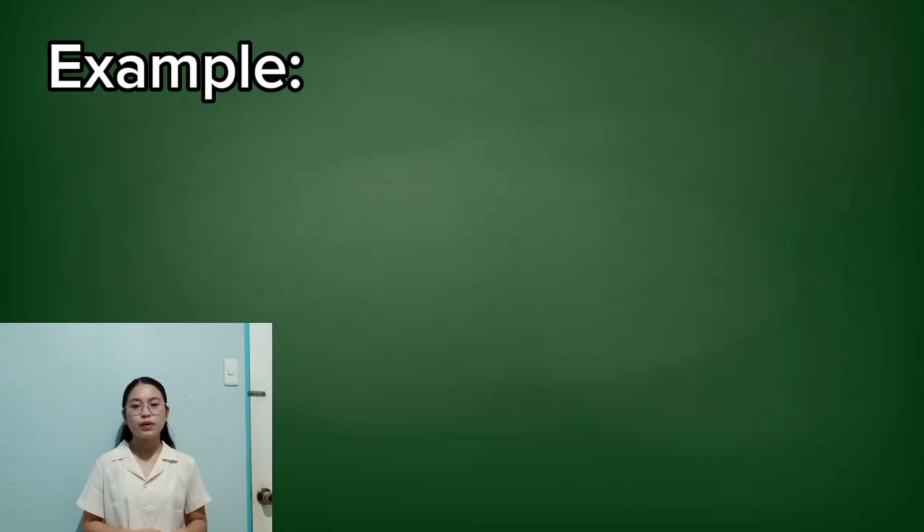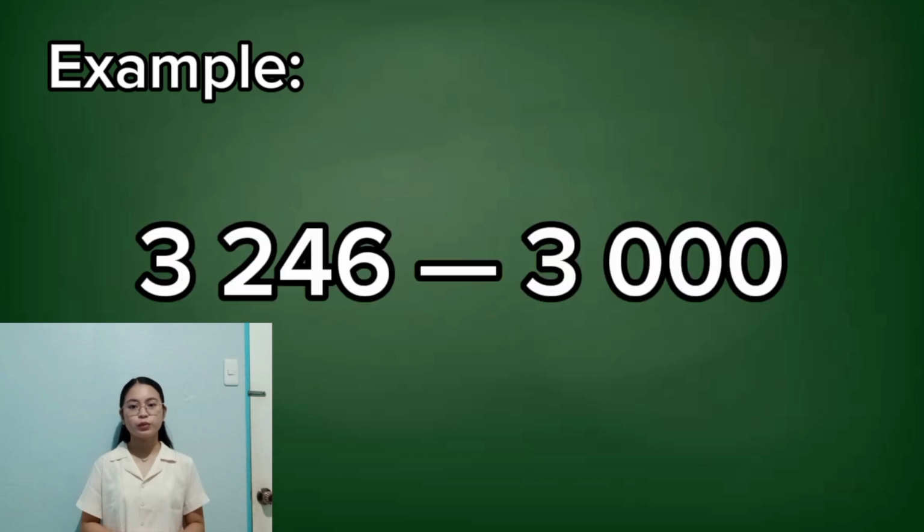Instead, we keep the 3 the same. Step 2. Replace all the digits to the right of the thousands place with zeros. So, 3,246 rounded to the nearest thousand becomes 3,000.